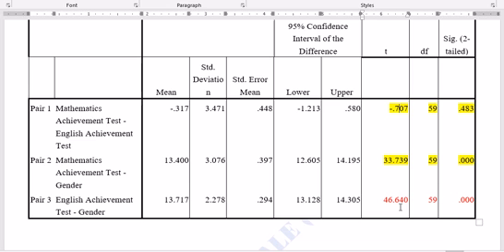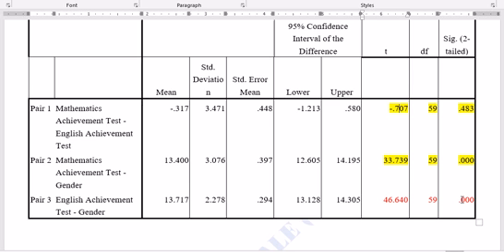Okay, and if we move down to English achievement test and gender as well, we have this 46.640 and degree of freedom 59 and significance level 0.000, which is what? Less than 0.05. And what is less than, you show that English achievement test and gender, they are statistically significant.